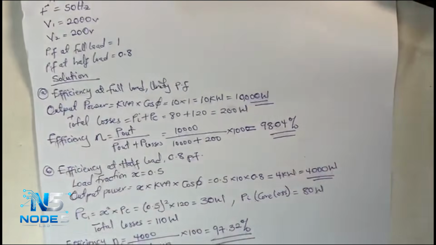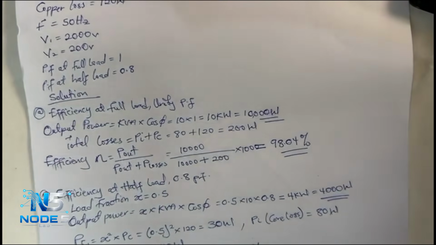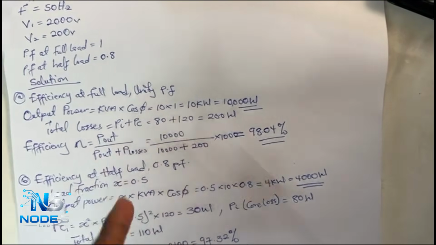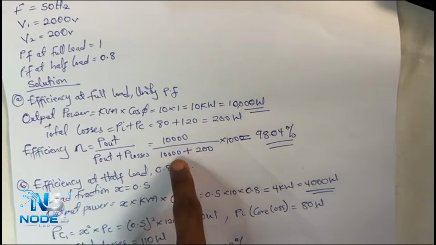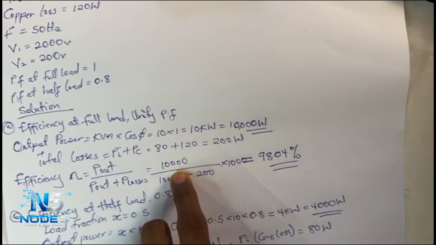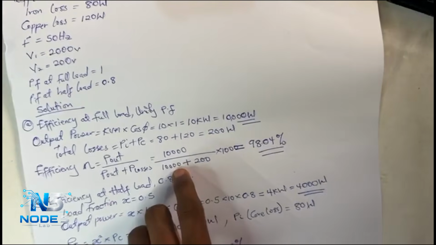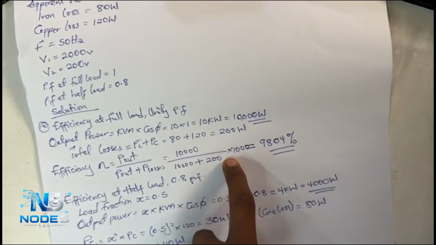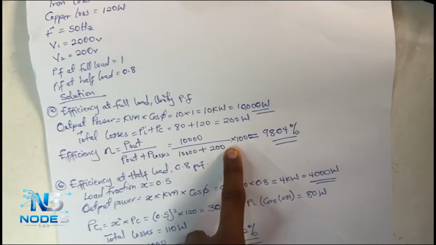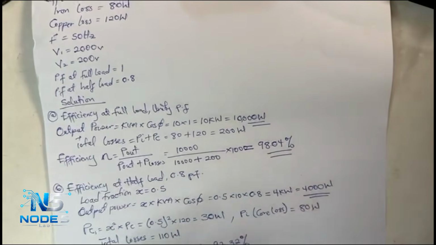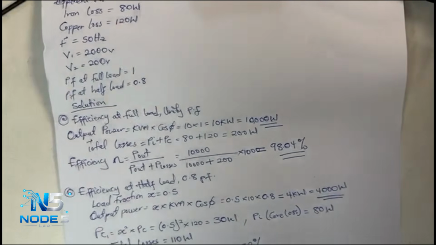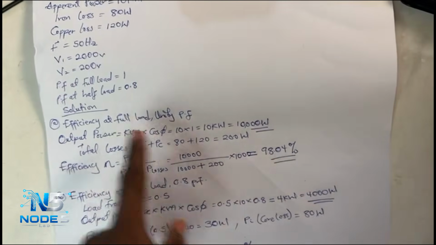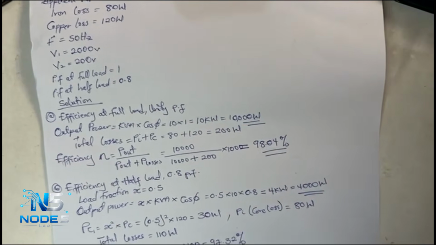And we want to find the efficiency. The formula is the output power over the output power plus the total losses. So that's what we have here: the output power, 10,000, divided by 10,000 plus 200, multiplied by 100. That will give you 98.04 percent. So that is the efficiency at the full load when the power factor is unity.